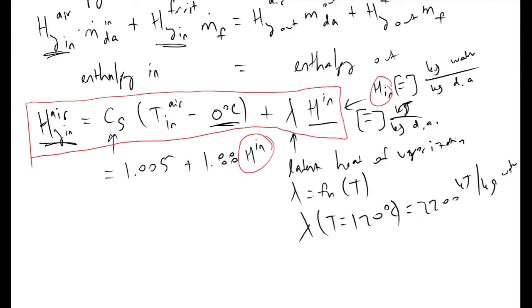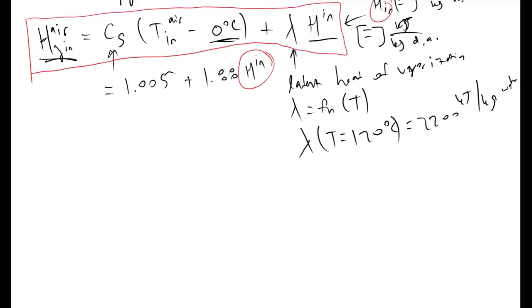Now, to examine the enthalpy of the fruit that we are drying, or whatever food we're interested in, the terms will be a little bit different, but it will still have the same two terms.